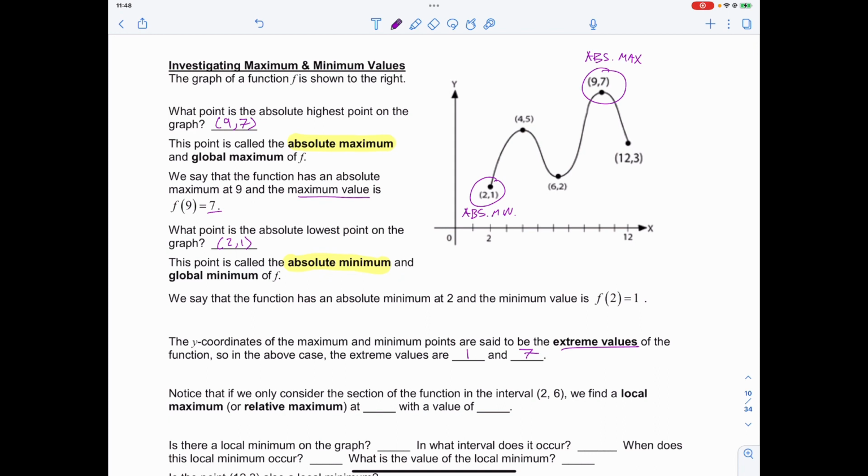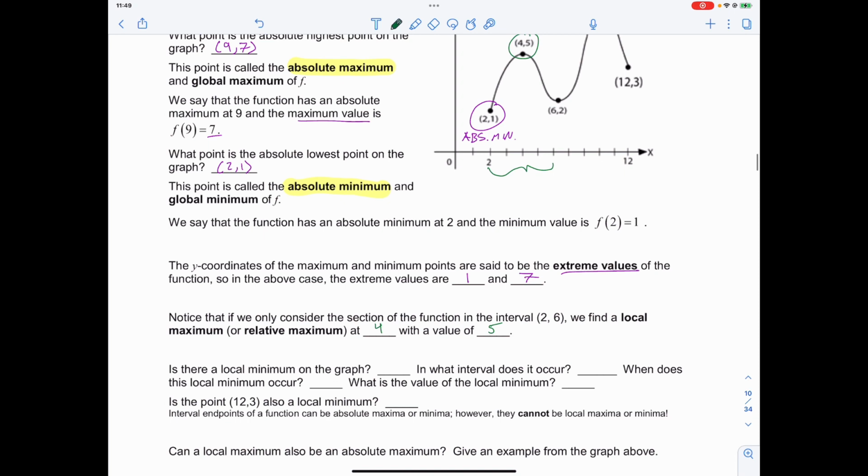Notice that if we only consider the section of the function in between 2 and 6, then we can find a local maximum or relative maximum at this point. And that is at 4 with a value of 5.